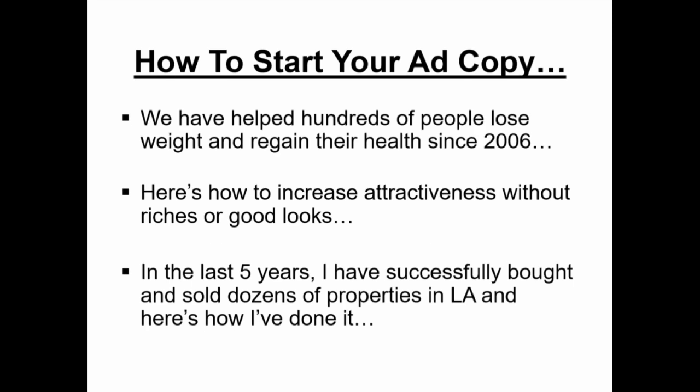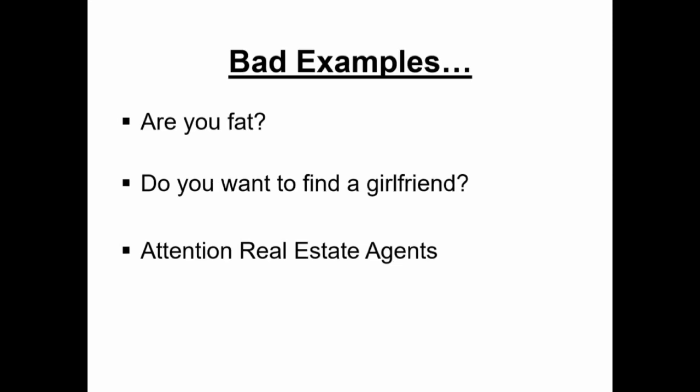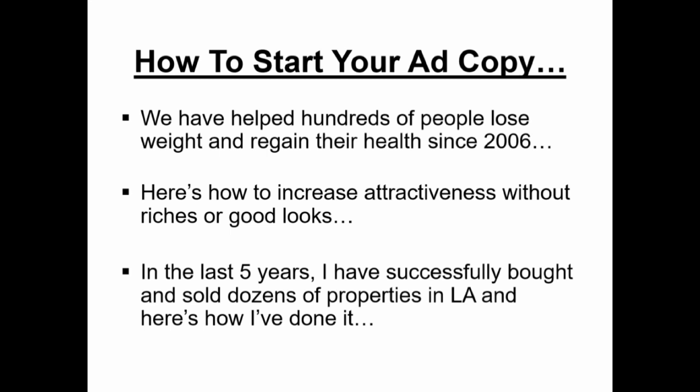Like, we have helped hundreds of people lose weight, or we have helped hundreds of people transform their body and regain their health since the year 2006. Here's how to increase attractiveness without riches or good looks. Or in the last 5 years, I have successfully bought and sold dozens of properties in LA, and here's how I've done it. Okay? So I think you get the idea. You want to basically rephrase everything from a me-to-you communication, first person, to third party. Okay?